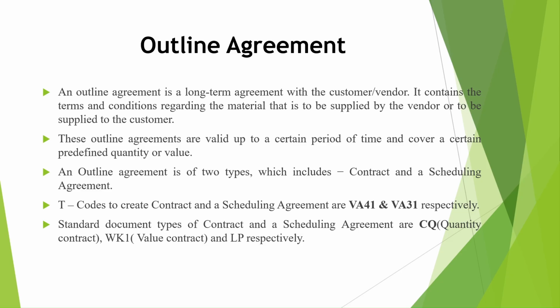To create a contract, we use T-code VA41, and to create a scheduling agreement, we use T-code VA31. For example, a company agrees we will supply 1000 units every month for 1 year. So this avoids creating a quotation every time.